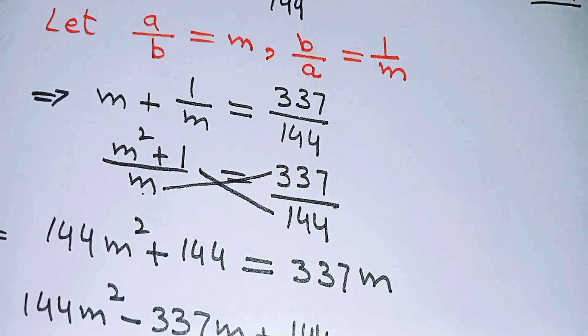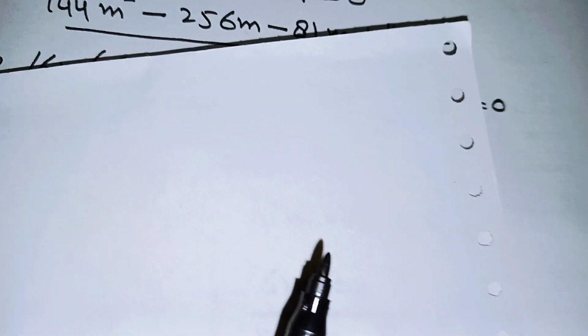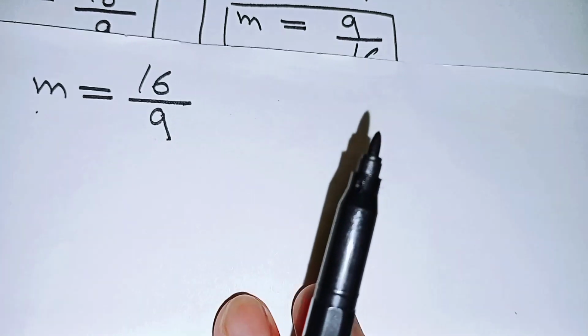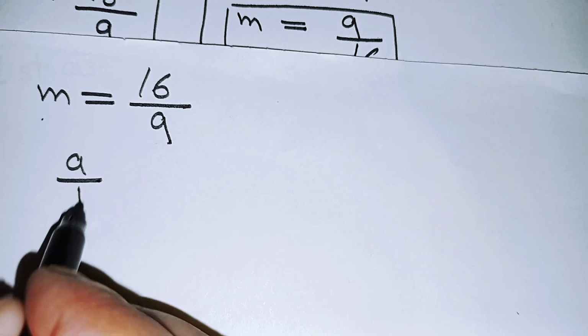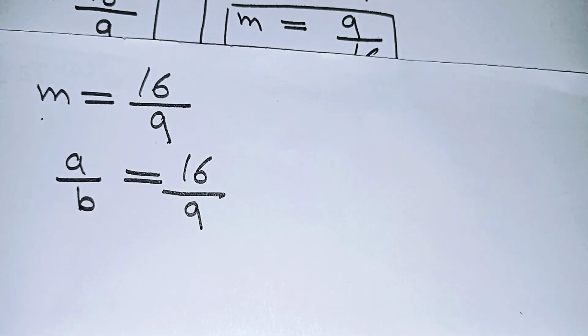And now here we put them, m the value of a over b and is equal to 16 over 9.